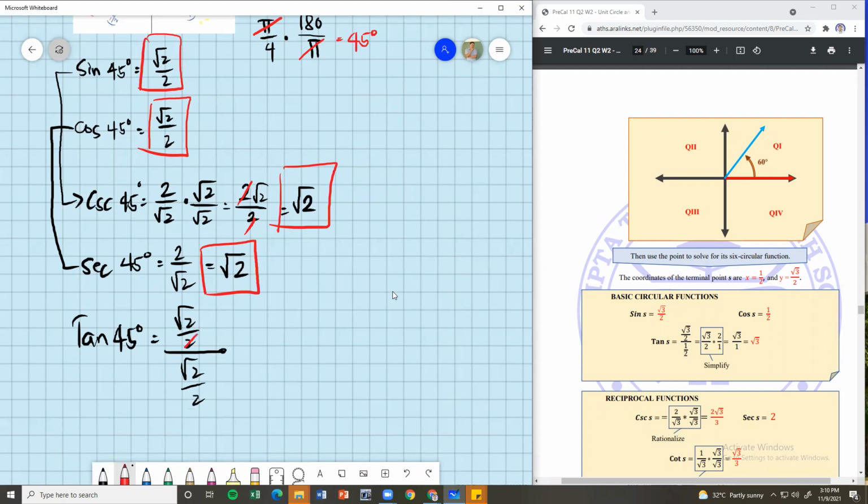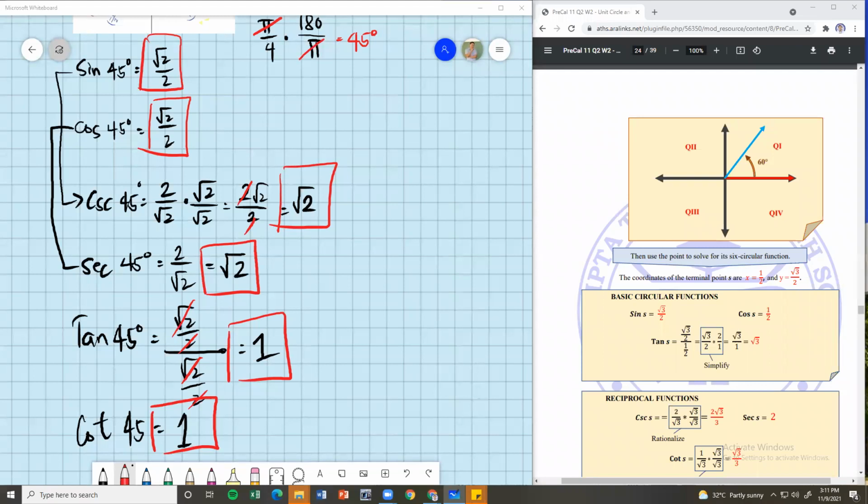Shortcut, denominator to denominator, numerator to numerator. And that's just equal to 1. Mas lalong madali yung susunod. Cotangent of 45 is equal to 1 din. So yun din yung reciprocal niya. Got it? Show a reaction if you understood that process.